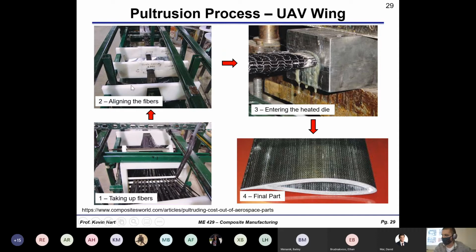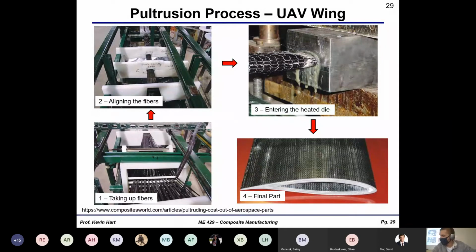All the fibers are now coming into a staged alignment where they're getting fed in a little bit at a time and compacted into what will eventually be the die shape coming up later down the line. Then they're all fed into the die, and you see some of the extra resin that might not have been appropriately metered before is now being metered by the die. So a lot of the extra epoxy is just dripping off here.